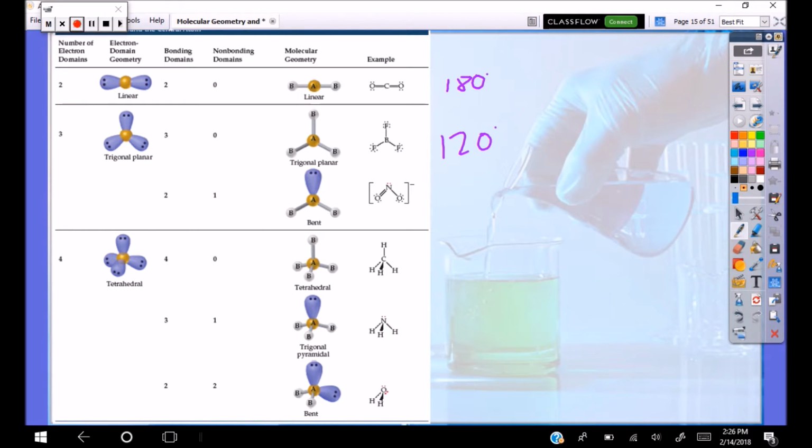For tetrahedral, 109.5, when there's a lone pair, it's typically 107.5, and when there's two lone pairs, it's typically 104.5. You may want to throw those on your index cards just to help you remember. Up to you. I think there are some questions that talk about bond angles on occasion.